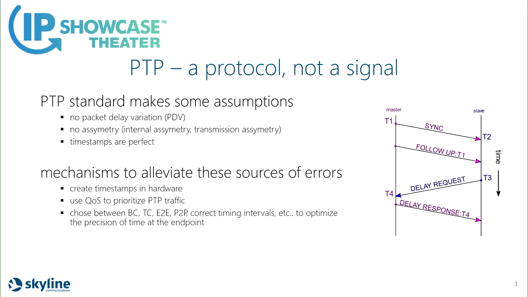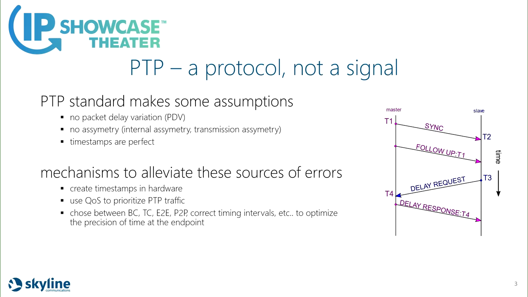So PTP as a protocol always has mechanisms already built in to alleviate those sources of errors. What are you doing to do timestamps in a proper way? Do them in hardware. This is most of the applications we see. PTP Grandmaster today, that's not done in software, you do it in hardware. Use quality of service to prioritize your PTP traffic. That's very essential.